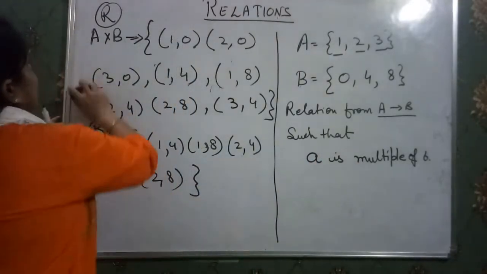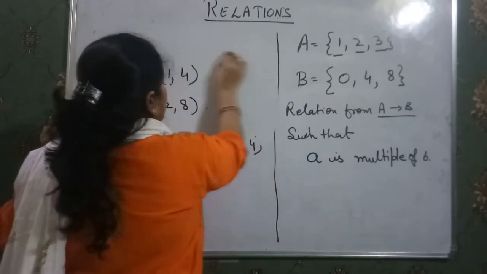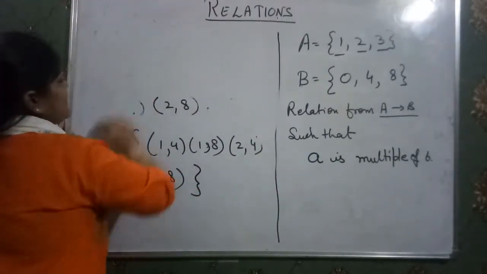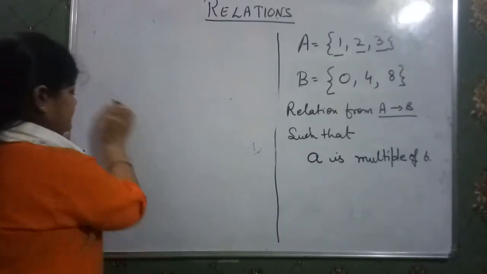One minute more, I want to make it clear. If we find the Cartesian product, then what do we write?